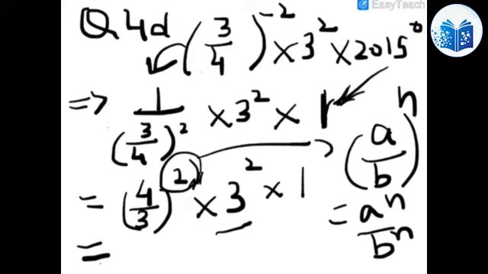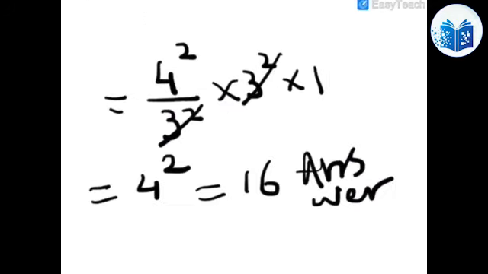On the next page you can see when I solve it, I simply cut 3 square with 3 square. 1 was as it is, 4 square was as it is. Once we open this 4 square, it has become 16, and that's the answer. Okay, that was question number 4D.